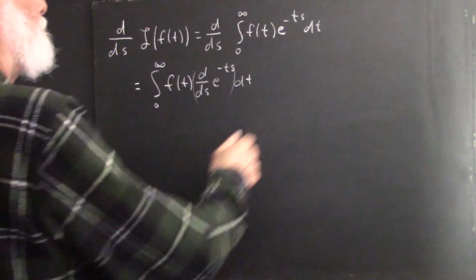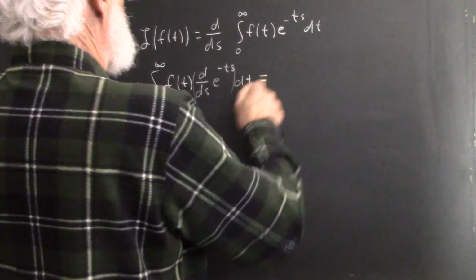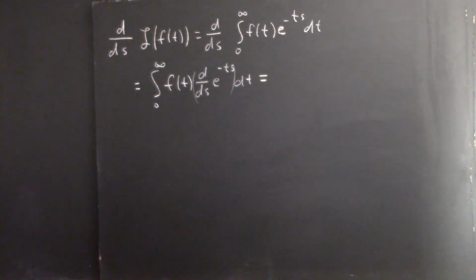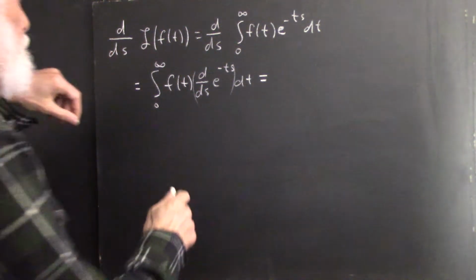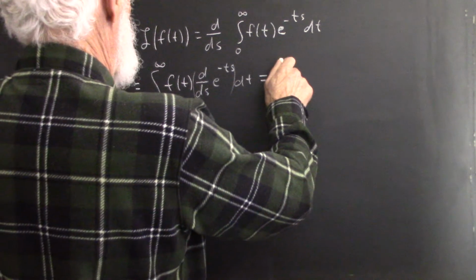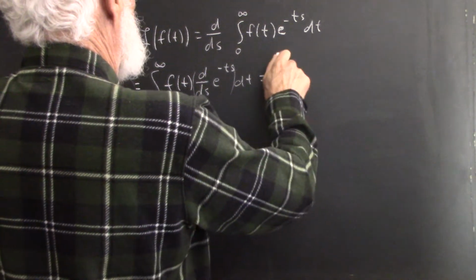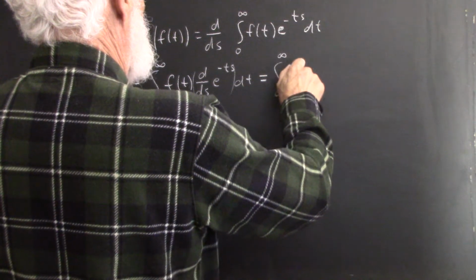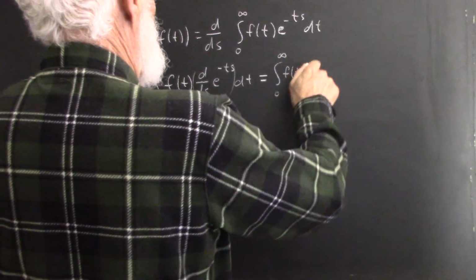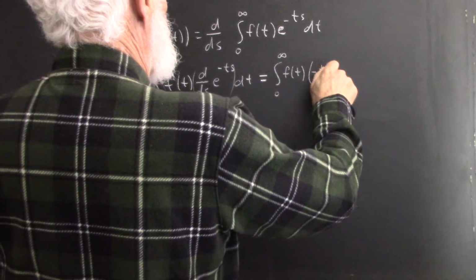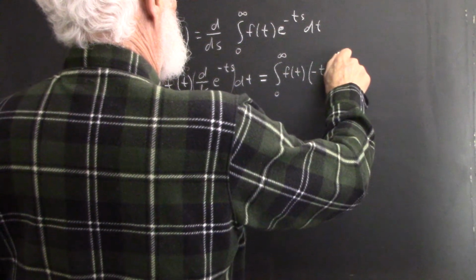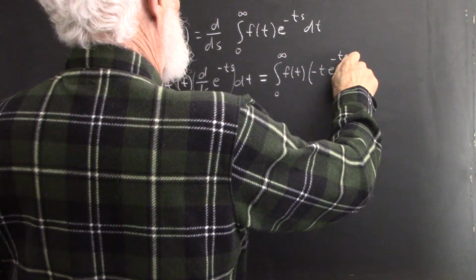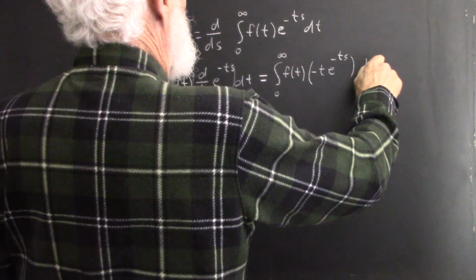So, if you believe me, and I'm not going to try to go into deeper justification, it'd be confusing, this becomes the integral from 0 to infinity of f of t multiplied by negative t e to the negative ts dt.